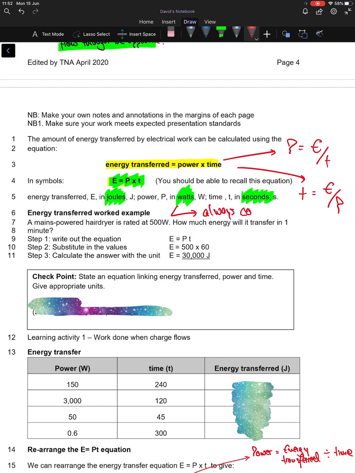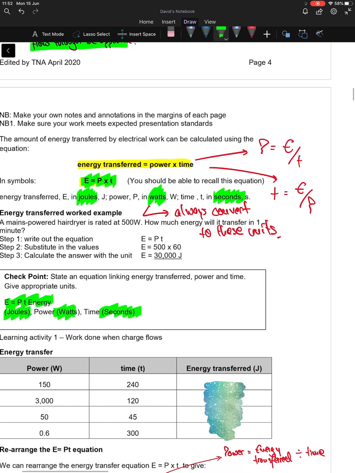So make a note in your annotations to always convert to these units. And as it says in our checkpoint question, E equals P times T. Energy is in joules, power is in watts, time is in seconds.